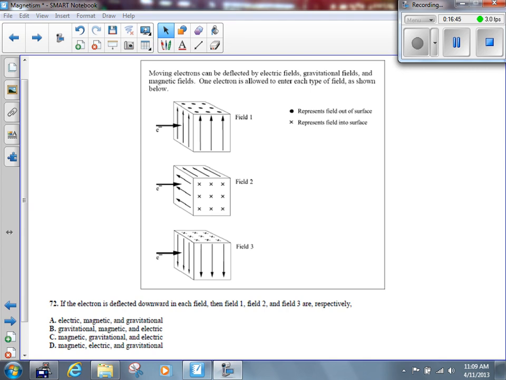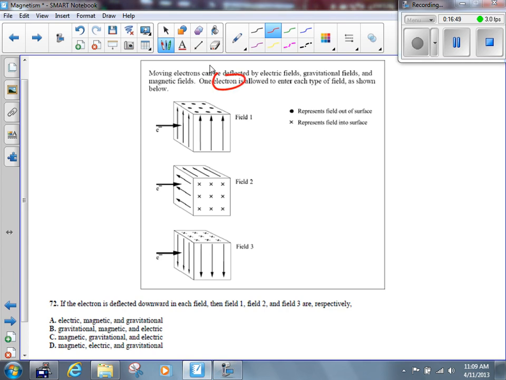We know that that electron has a mass, and we know that it has a charge that is negative. So we know that it's going to experience a gravitational field no matter what. If it's got a mass, it's going to experience a gravitational field whether it's moving or not. Yes, it will experience a gravitational field, and it's going to go downward as a result of that.